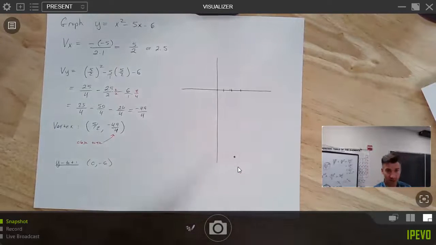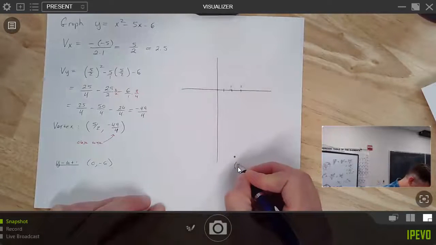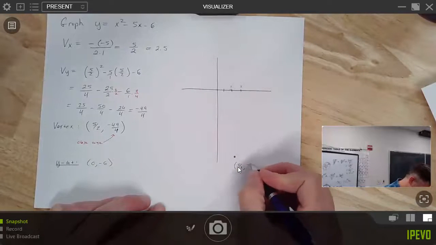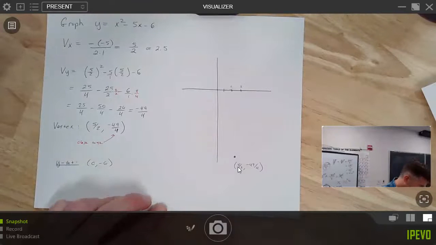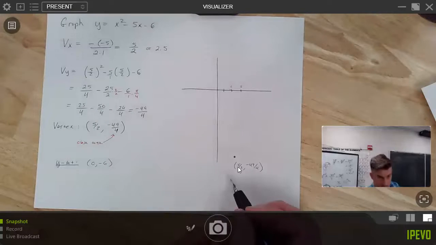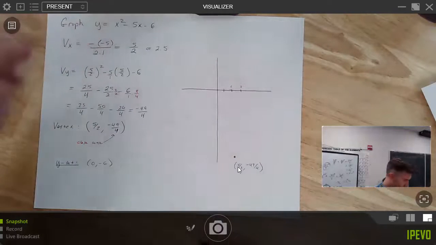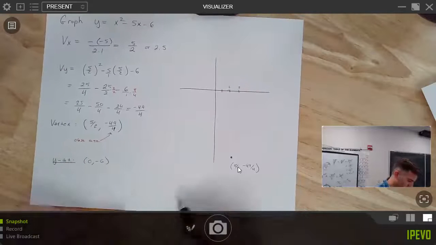See how I'm not drawing a bunch of marks? That's 2, that's 3. Here's my point, 5 halves, comma, negative 49 fourths. And I'm writing my vertex below it because I know it opens upwards. It opens upwards because my coefficient here is positive, or because my y-intercept is definitely above.